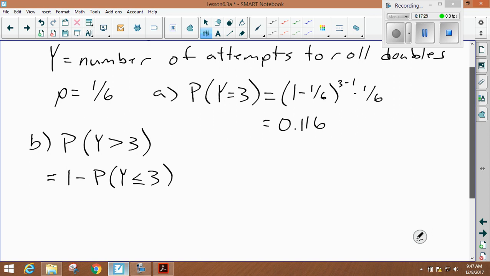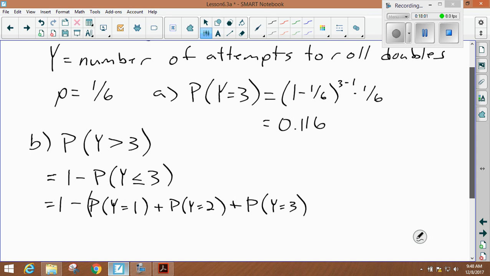So this is going to be 1 minus, I guess we could write it out, probability Y equals 1 plus probability Y equals 2 plus probability Y equals 3.